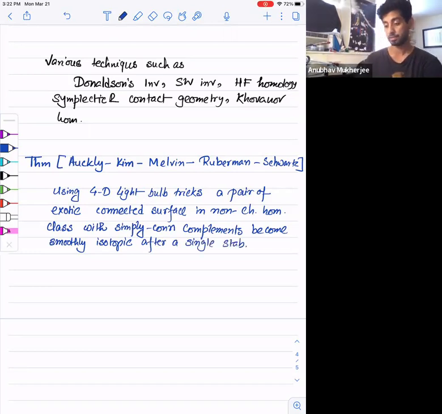So this is a very interesting result. There are results saying that almost all the nice examples, by using this 4D light bulb theory, actually become smoothly isotopic after a single stabilization. And the proof is very beautiful. If you are a grad student, I definitely recommend you go over the proof once. It's a very small paper, probably 3 pages, but the proof is very beautiful.